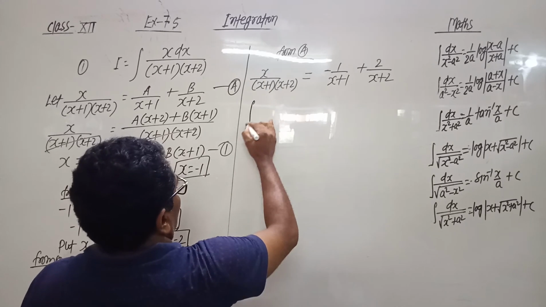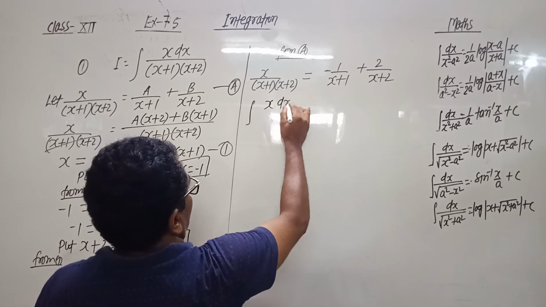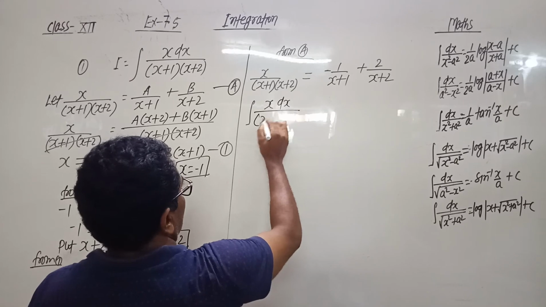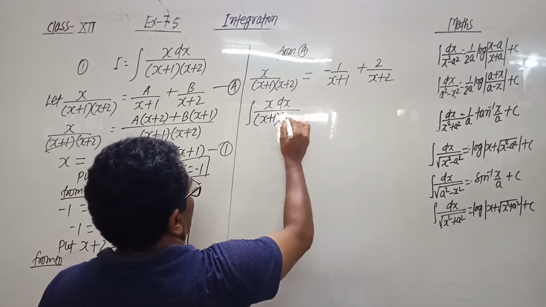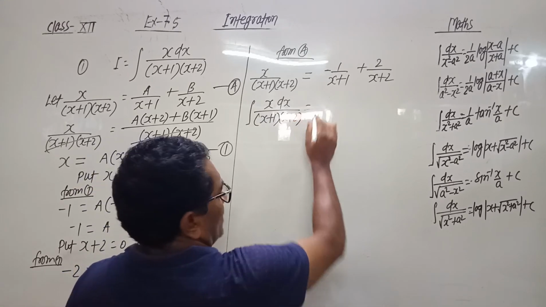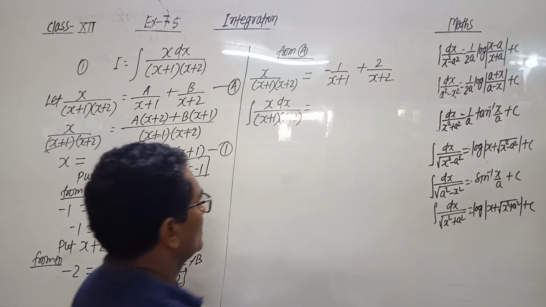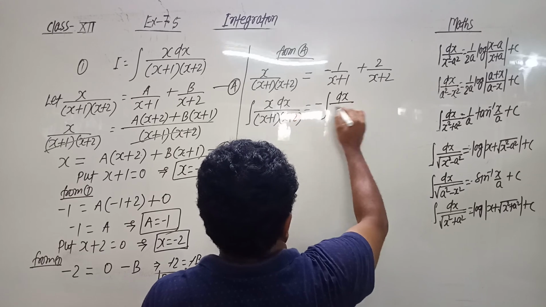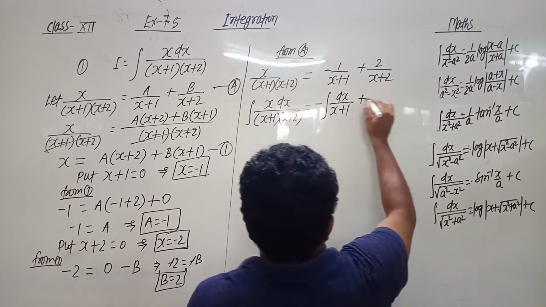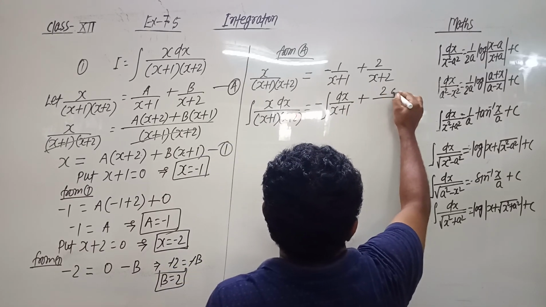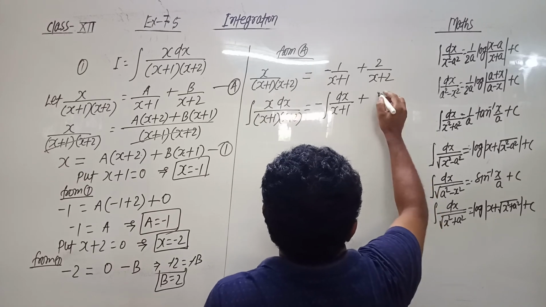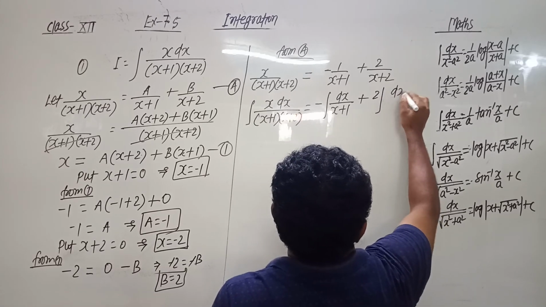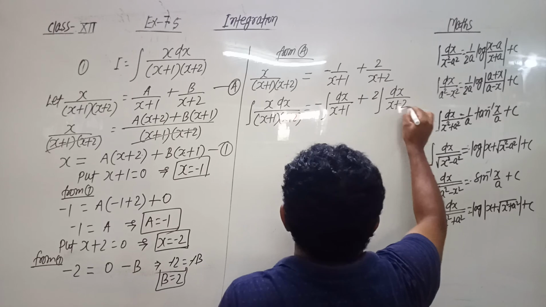Then put the integration sign and introduce dx. So integration dx upon x plus 1, x plus 2. On the right side also, put the sign of integration and introduce dx. So minus dx upon x plus 1 and plus 2 dx upon x plus 2. 2 is taken outside, being a constant term, integration dx upon x plus 2.